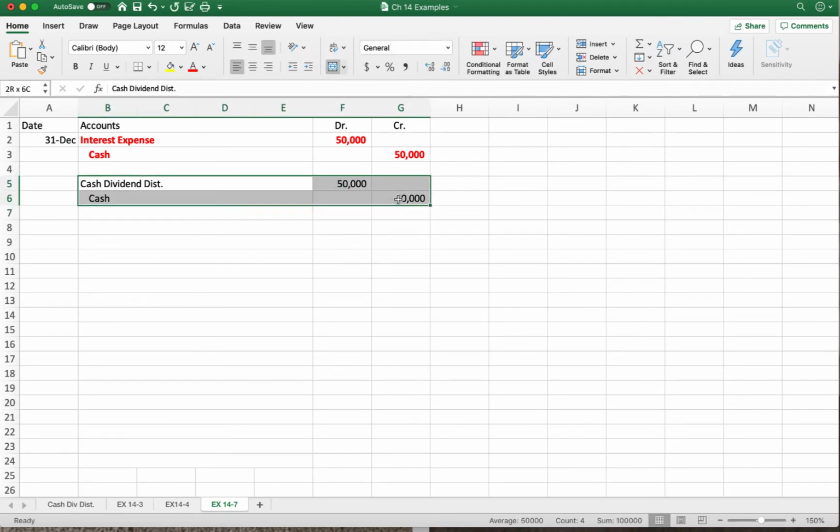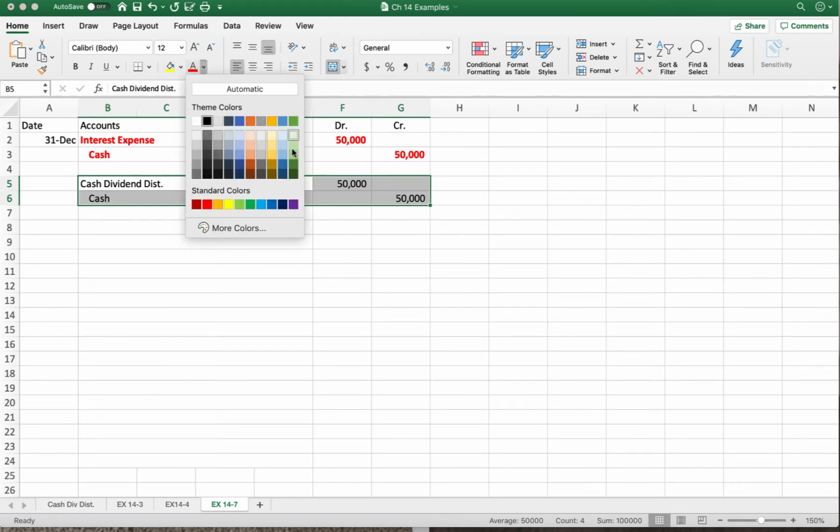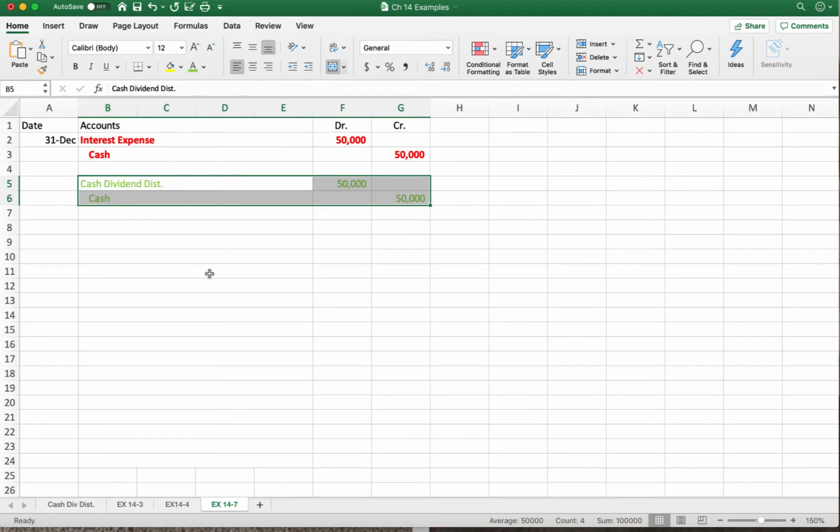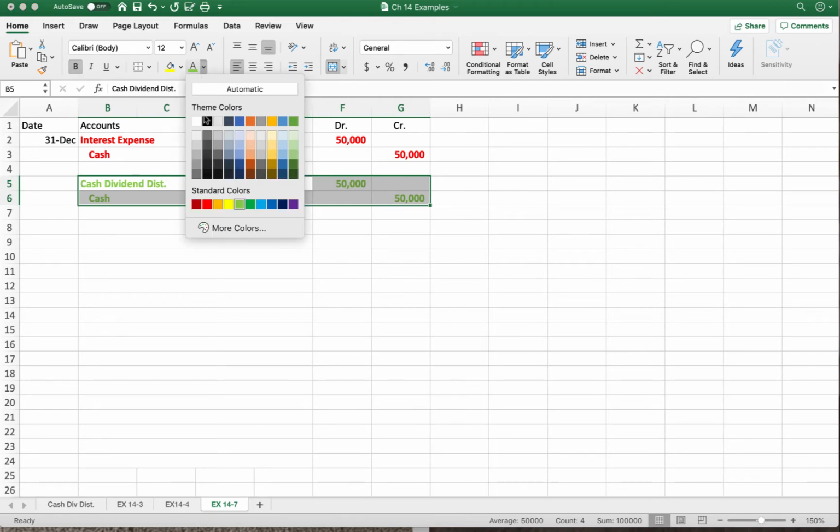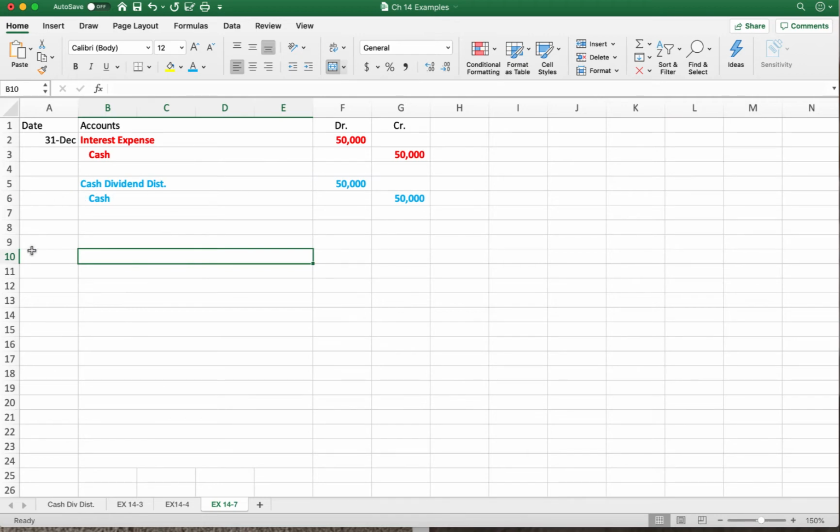I'm going to make this green by saying, hey, here's what we should have done. This would have been correct had we done it right. Ooh, that's bad. Green's not a good color. Actually, let's make it blue. That looks a little easier to see. Okay.